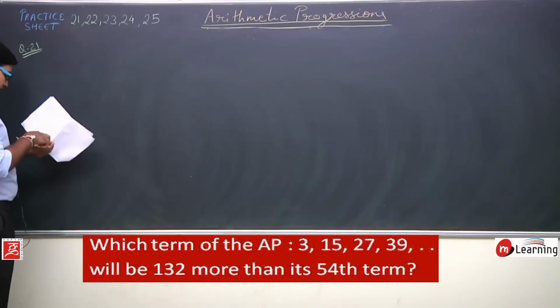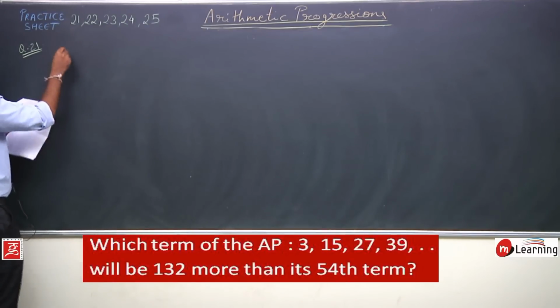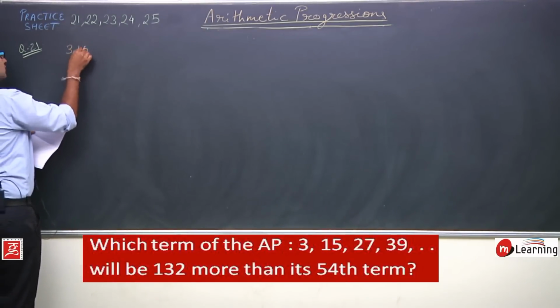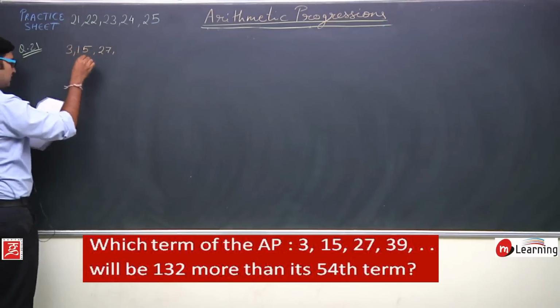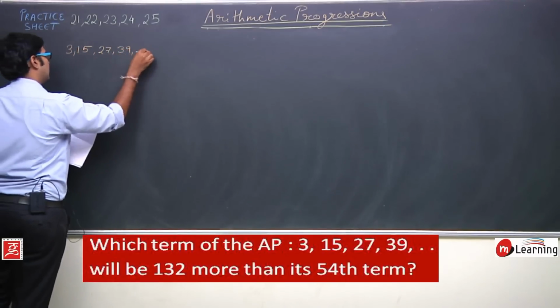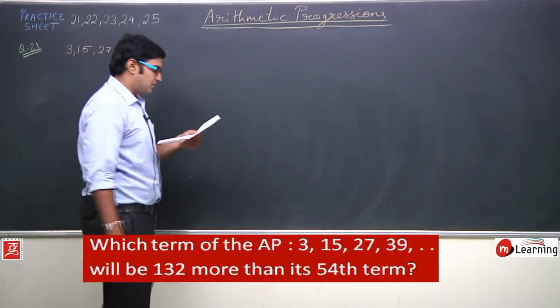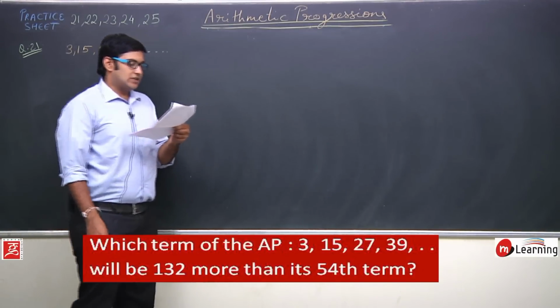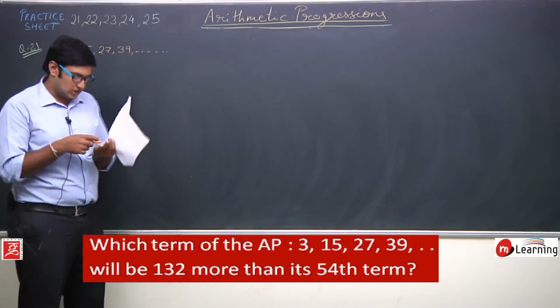The given AP is 3, 15, 27, 39 and so on. This is the given AP. Okay, and for this given AP, we need to see which term is 132 more than the 54th term.